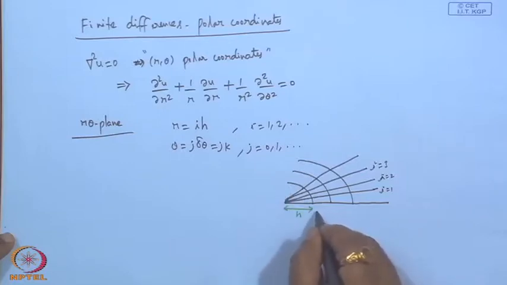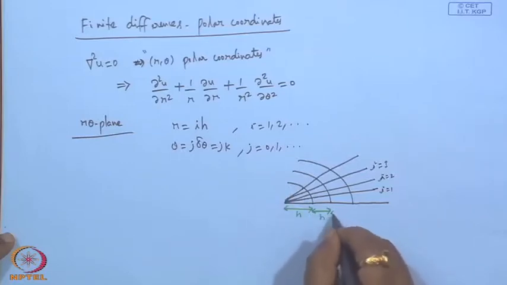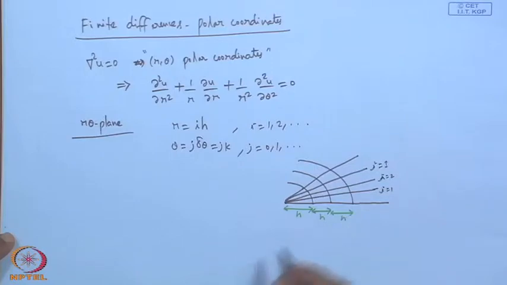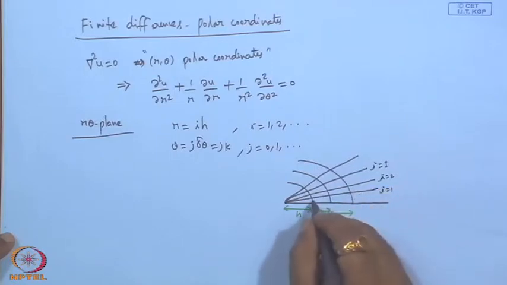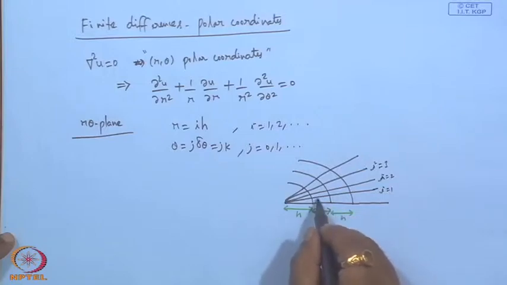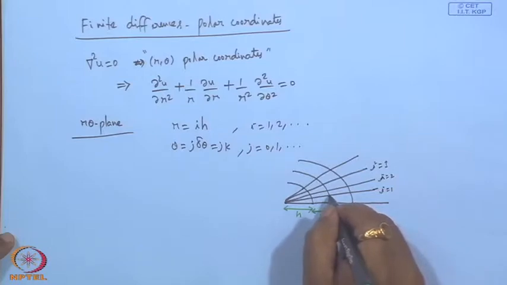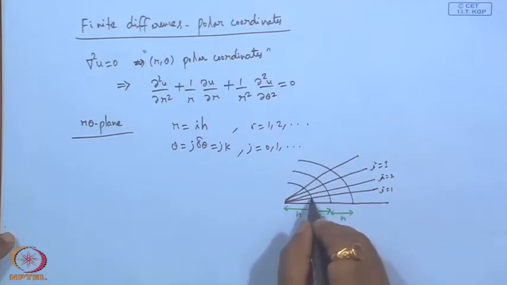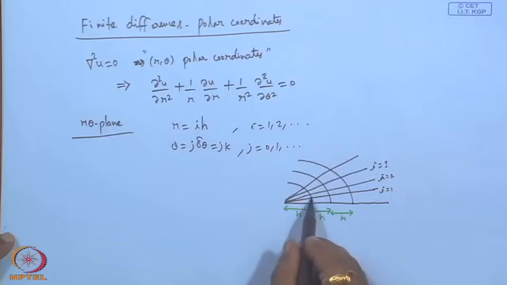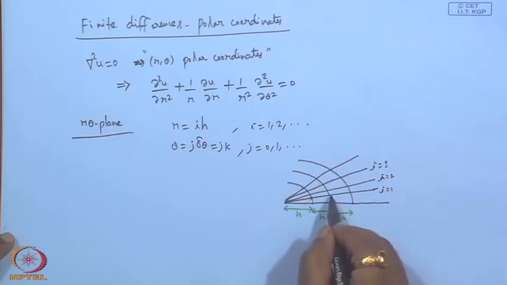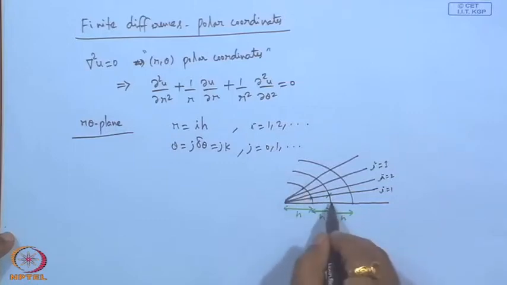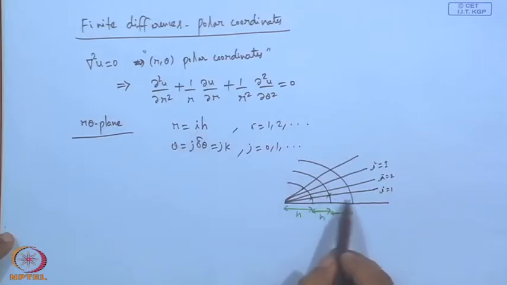So, this is h, this is h, this is h, and whereas, this is delta theta, this is delta theta, this is delta theta. Okay. So, we can number the grid points. So, for example, this point is 1 1. Okay. Whereas this point is 2 1. Okay. Because this is on R 2 and J 1, right. So, I will be 2 here. Okay. So, we can number them.